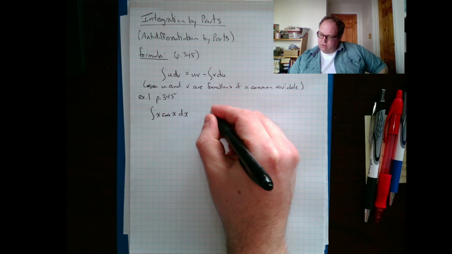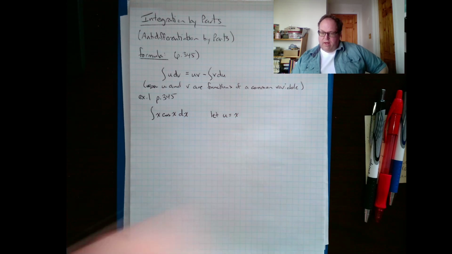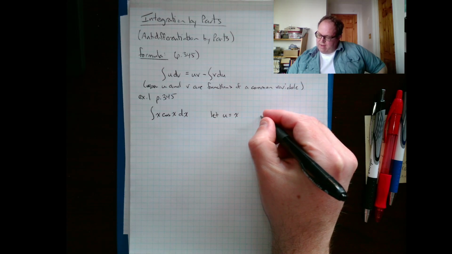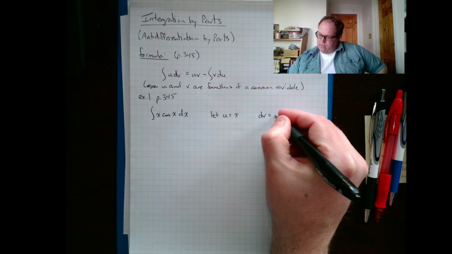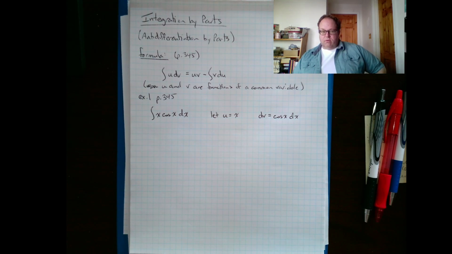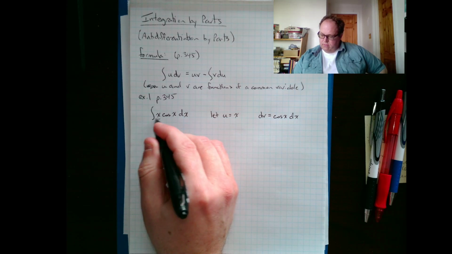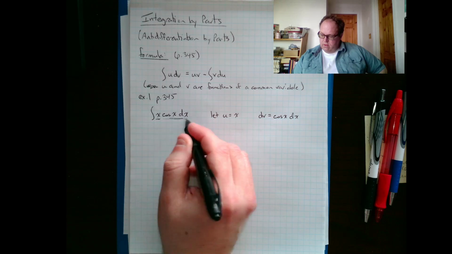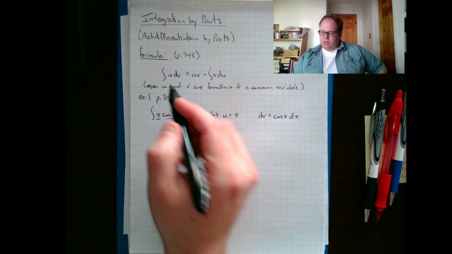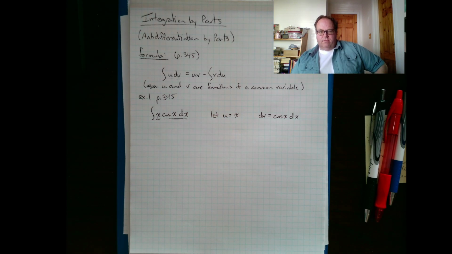And I'm going to let u equal x, and I'm going to let dv equal cos x dx. So what I've done is I've basically broken up the parts of the integrand and assigned them to u and dv from my integration by parts formula.